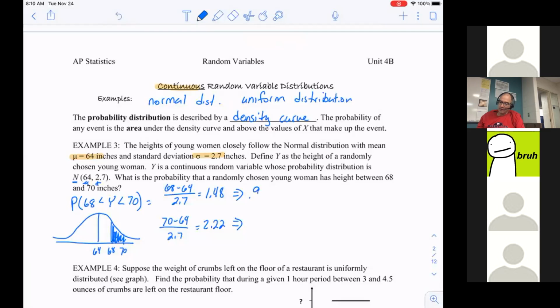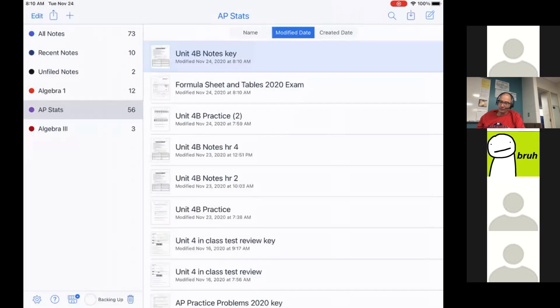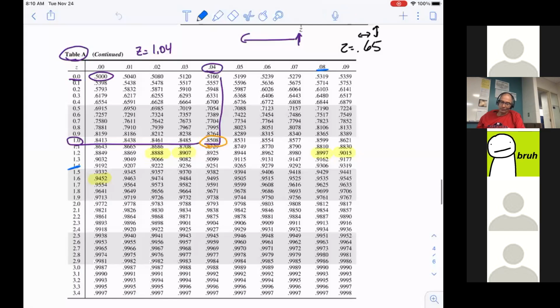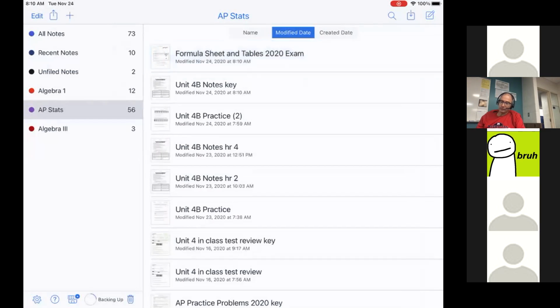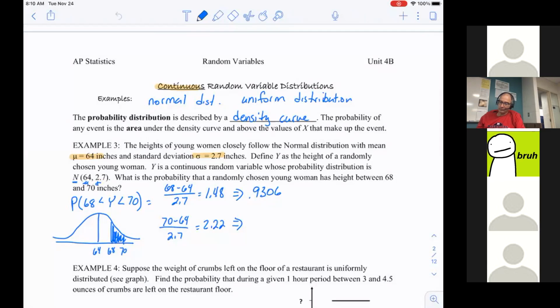For 2.22, here is the 2.2, here is the 22 part of it, and then we get 0.9868. So we find the difference between those two percentages, 0.9868 minus 0.9306, and that gave us 0.0562.